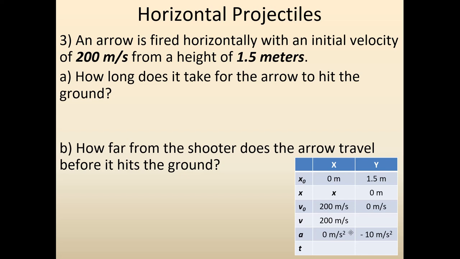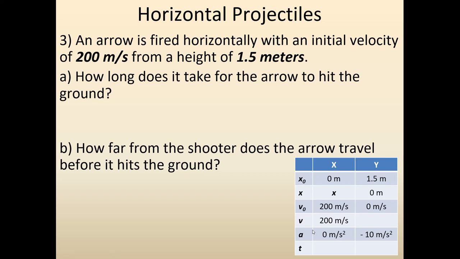Now, when you set up the problem, if you have more than one piece of information missing in the X direction, you pretty much can't use it. So if you're missing either position, velocity, or time, because the acceleration is 0, we won't be able to use the X direction.